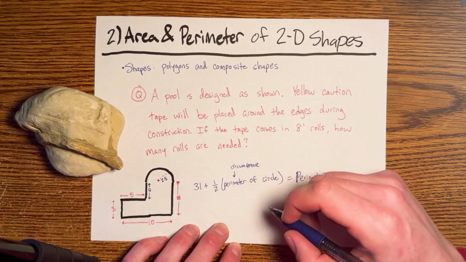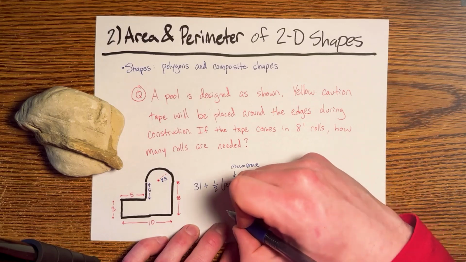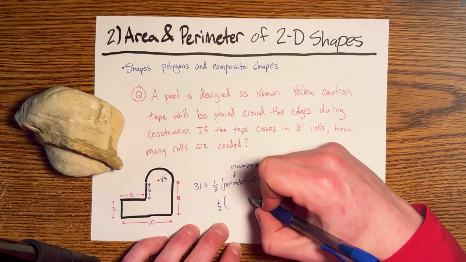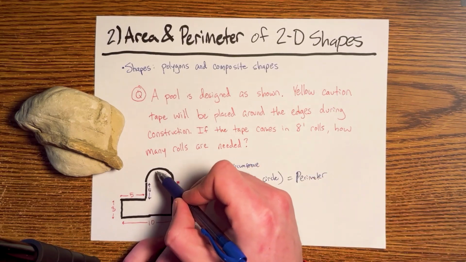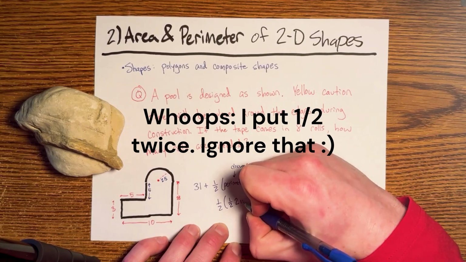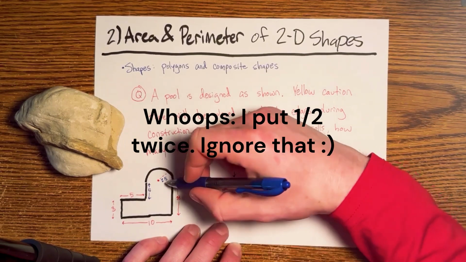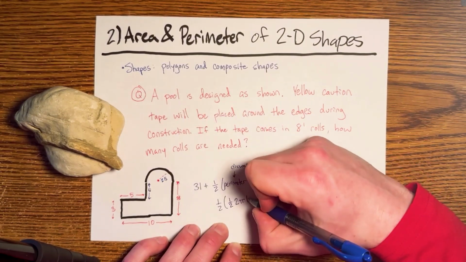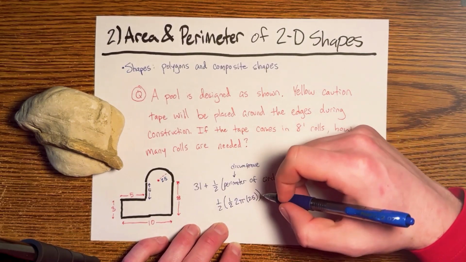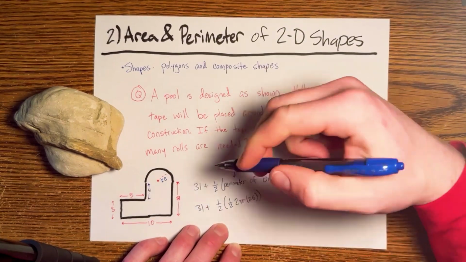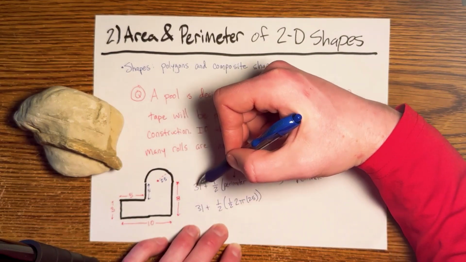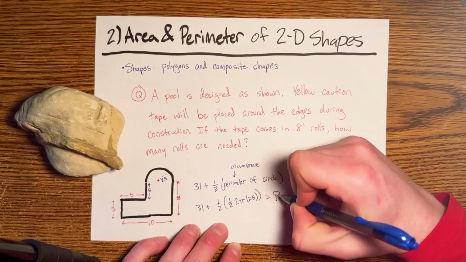We'll learn in the next section that the circumference is equal to 2 pi r, but we only have half of that circle, so we're going to do 1/2 times 2 pi r. R is the radius. We know that to be 2.5. It's looking a little messy here, but we'll follow it through. Add on the 31 from the 13, 23 plus 8, 31, and that's going to give us the perimeter.